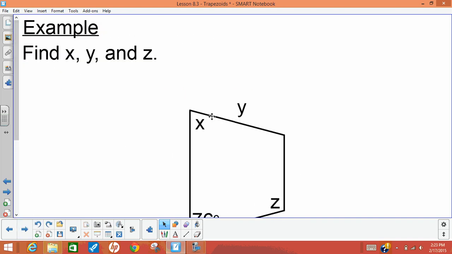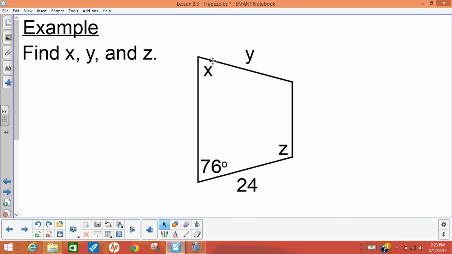So I've got an example here for you where we can kind of use those properties just like we did with the parallelograms and the special parallelograms. We can find different values just by being given 1 or 2. So here I have the length of this side, this one leg is 24, and I should tell you that this is an isosceles trapezoid.